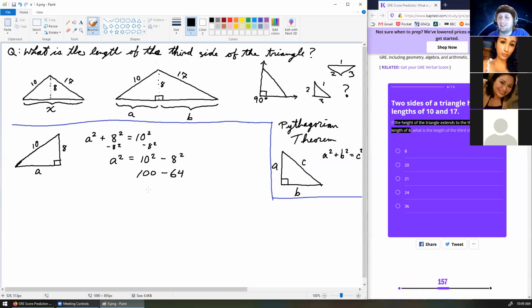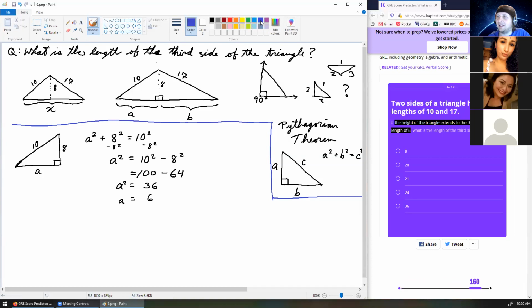Cool. What do we get? 36. There we go. So if we want to get A, remember this is A squared. How do we get rid of the square? You square root it. Yep, so the answer is 6. Perfect. So we've got half of our answer now, right?